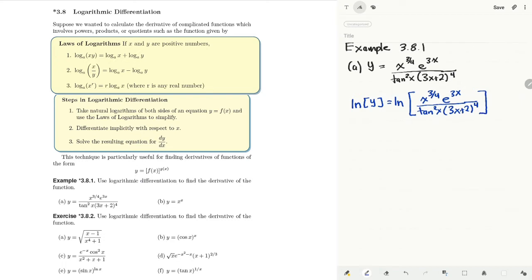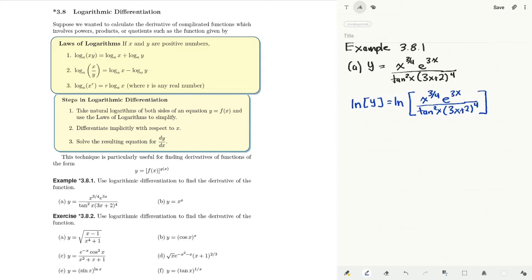Next we want to simplify the right-hand side of the equation by using the laws of logarithms. If we have a product within the logarithm, then we can simplify by writing it as the sum of logarithms. And if we have a quotient within a logarithm, then we can simplify by subtracting the logarithms.